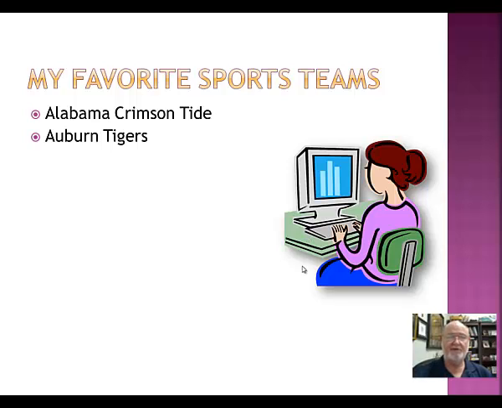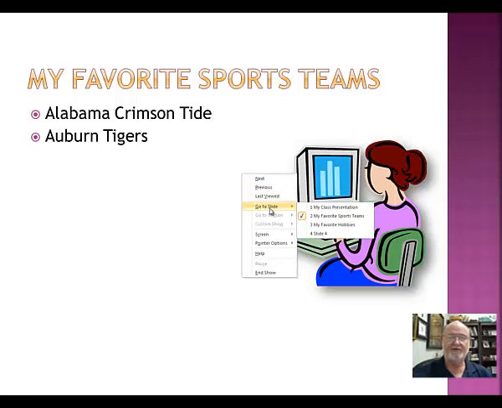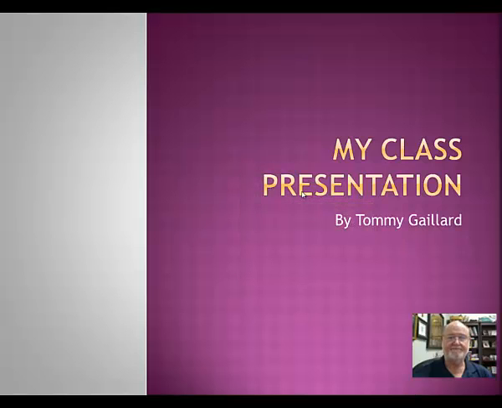Now, if I want to go to a particular slide while I'm running my presentation, I can right-click right on top of the slide, select Go to Slide, and let's say I wanted to go back to slide 1. I can click that.